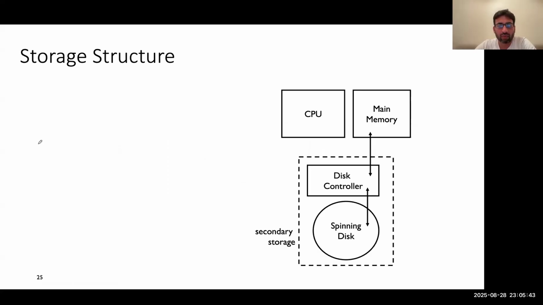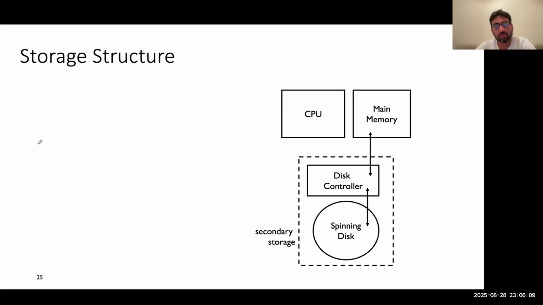But we cannot keep our systems running all the time, right? So we need some type of storage medium where we can put our data in a permanent way. Those storage mediums which provide the non-volatile feature are known as secondary storage.